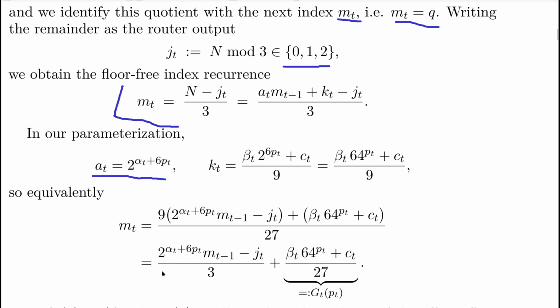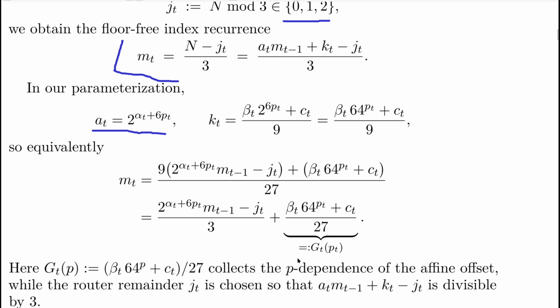Or we could also rewrite it in the same way as we had before, where 2 raised to alpha t plus 6pt mt minus 1 minus jt all over 3 plus beta t 64 raised to pt plus ct over 27, which we may define as gt pt.